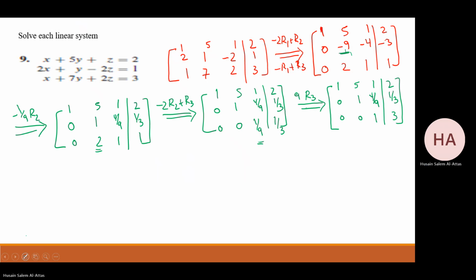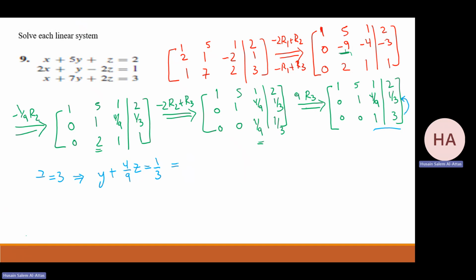for the back substitution. I have from here z equals 3. Plug it in the second. I have there y plus 4 over 9 z equal 1 over 3.